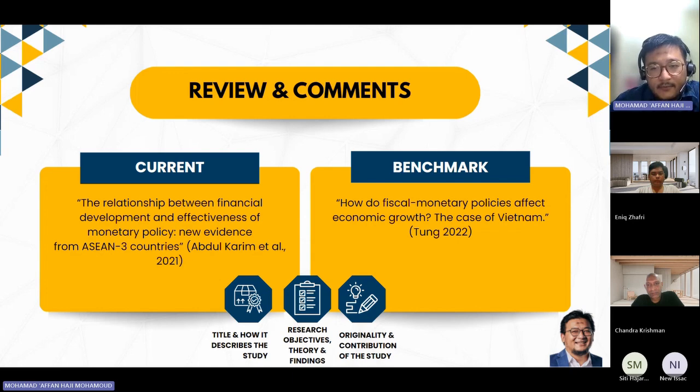And the benchmark that we have selected for the group is another article by Tung 2022, how do fiscal and monetary policies affect economic growth, the case of Vietnam. In this section, we will discuss the differences in the title and how it describes the study, research objectives, theory and findings, and the originality and contribution of the study.